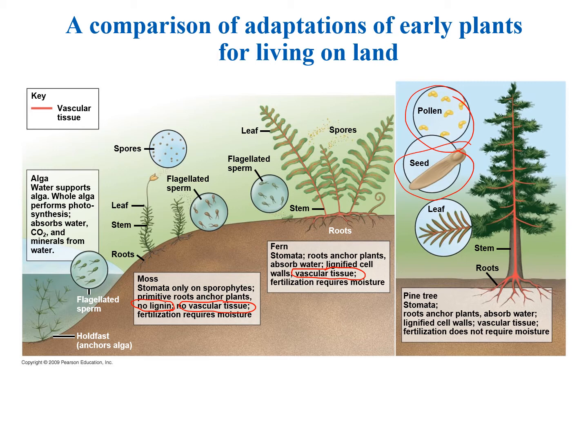And the seeds help prevent their embryos from drying out. And the pollen, which is now like a sperm suitcase, a sperm case, the pollen keeps the sperm from drying out. And so that is really basically meaning that the sperm are finally liberated from having to travel through water.